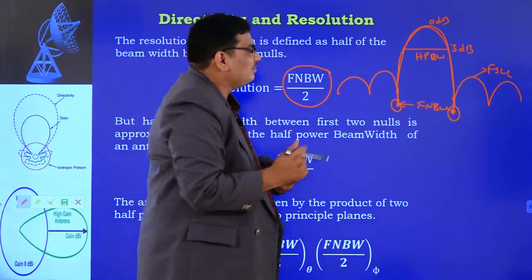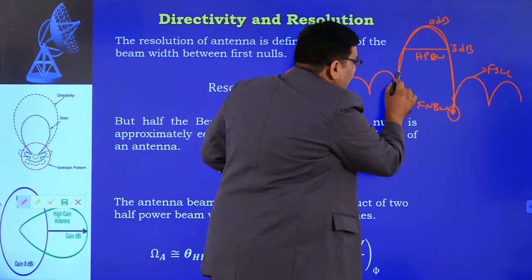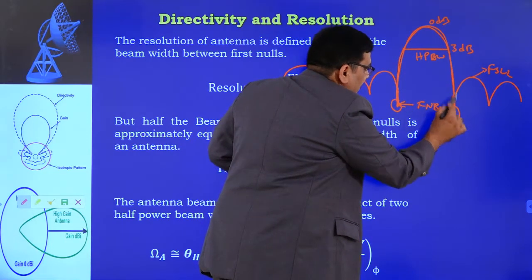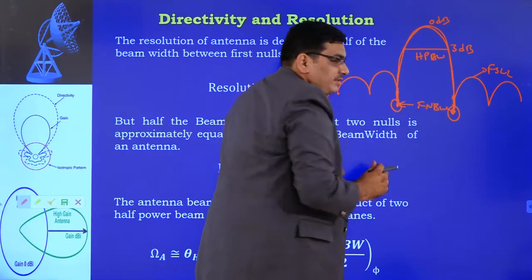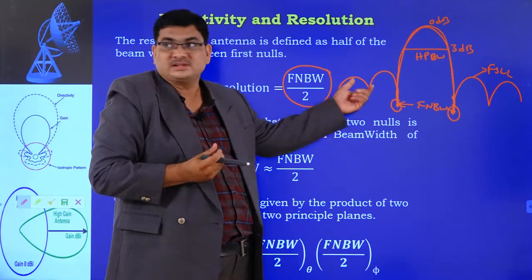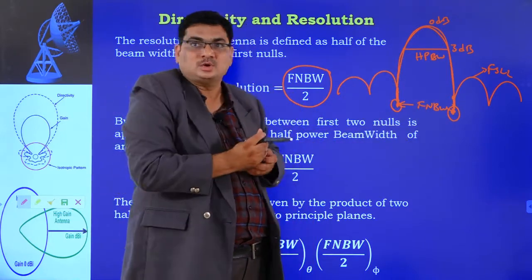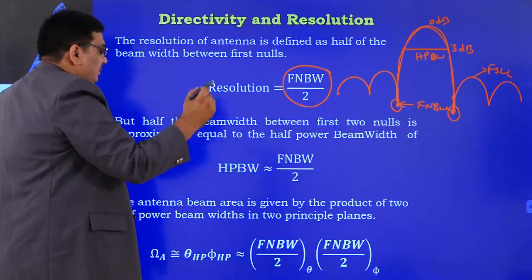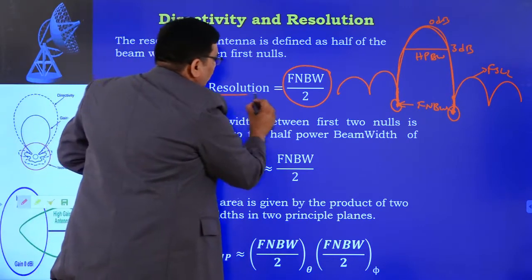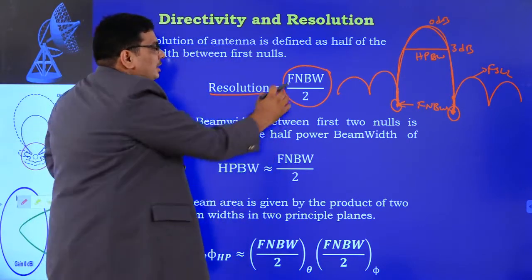The angular difference between the major lobe's left side and right side nulls, the first two nulls, is called the first null beam width. So resolution is equal to the first null beam width by 2. From the radiation pattern diagram, the first null beam width is equal to 2 times your half power beam width, so the half power beam width is equal to the first null beam width by 2.